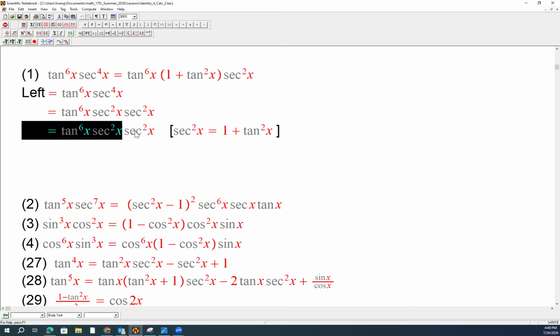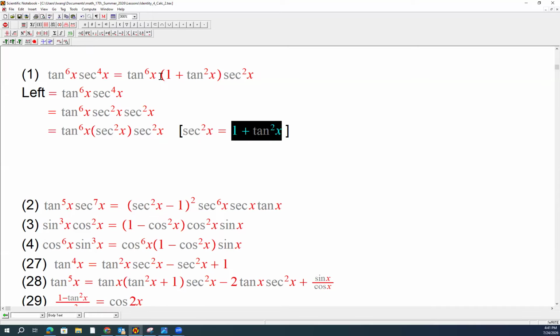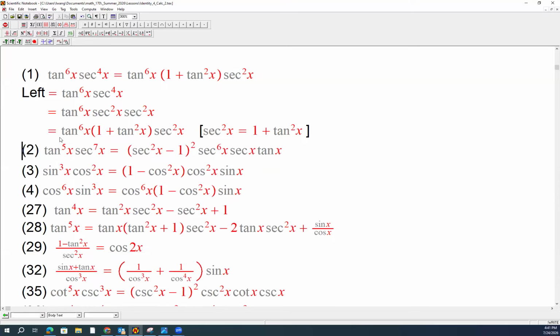We're almost there. On this step, secant squared will be replaced by its equal, 1 plus tangent squared. And you're done. That's how you do it.